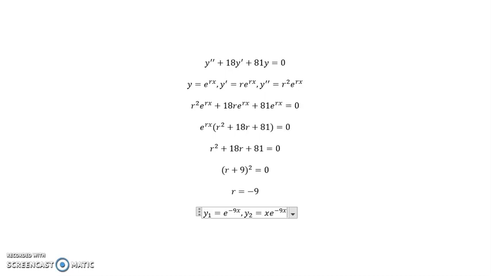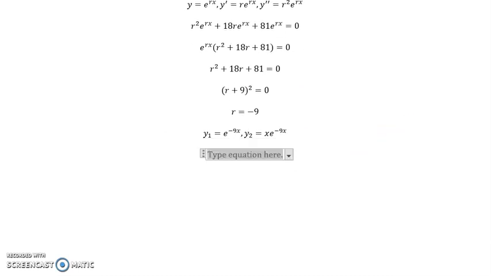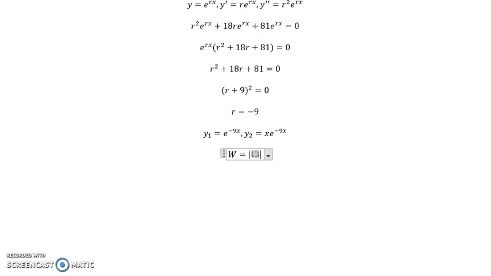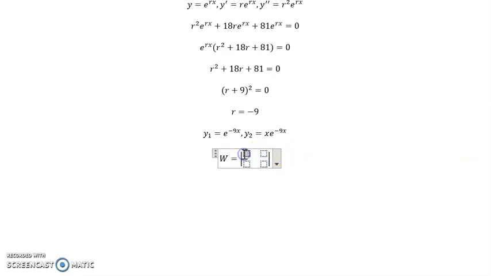And so what we want to do, not just state this, we want to verify that this is in fact the case. So the first thing we're going to do is show that these are in fact independent. So we have e to the negative 9x, and the derivative of that is negative 9 e to the negative 9x.